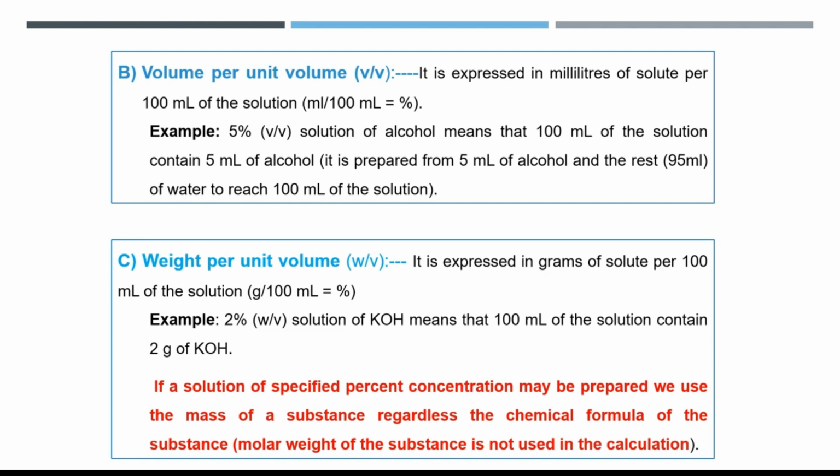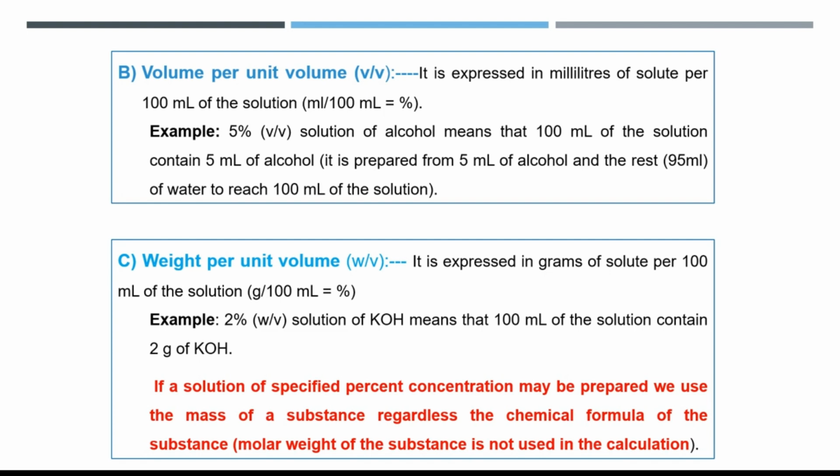Then the third expression is weight per unit volume, which we generally use at practical time. It is expressed in grams of solute per 100 ml of the solution. A 2% solution of KOH means 2 gram of KOH will be dissolved in 100 ml of solution. So if a solution of specified percent concentration is to be prepared, we use the mass of the substance.